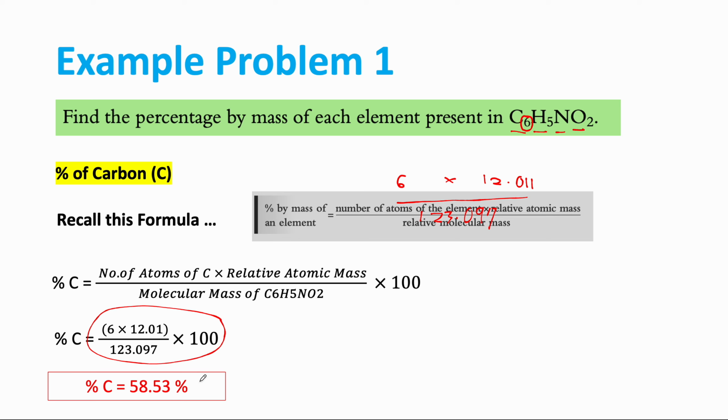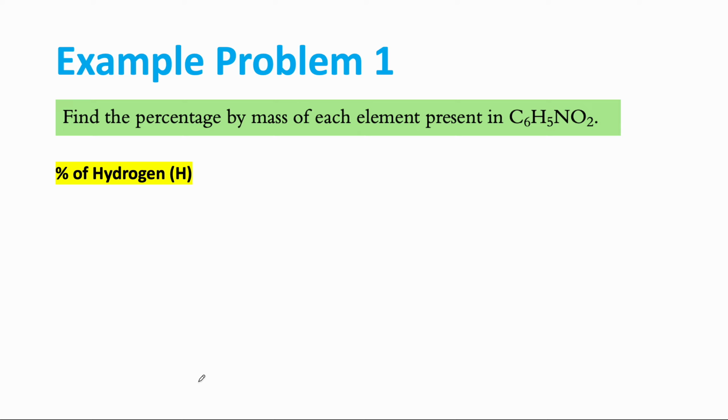So that's for carbon, and I'm pretty sure you get the drift of how this works. Moving on quickly to hydrogen, same thing. We have 5 hydrogens, so it's 5 times the average weight of one hydrogen, 1.01, over the total mass of this entire compound, which is 123.097, times 100. Because it's in percent, we get 4.10% of hydrogen.